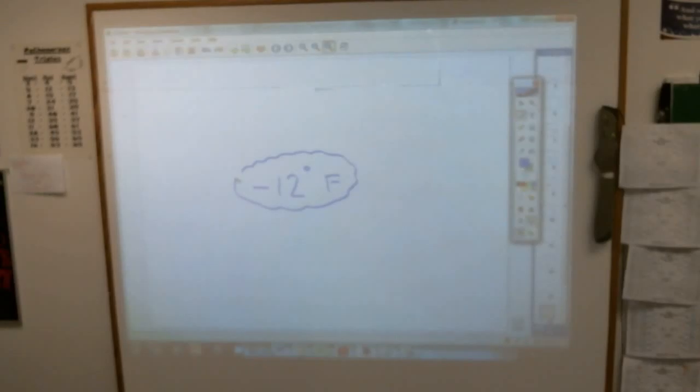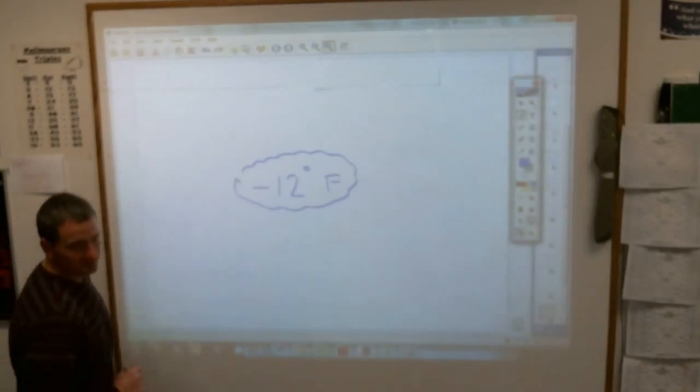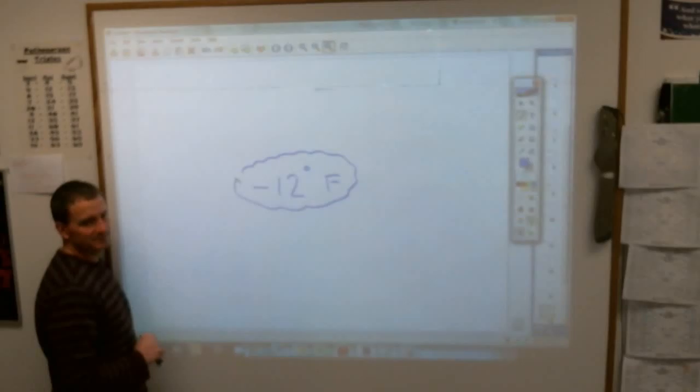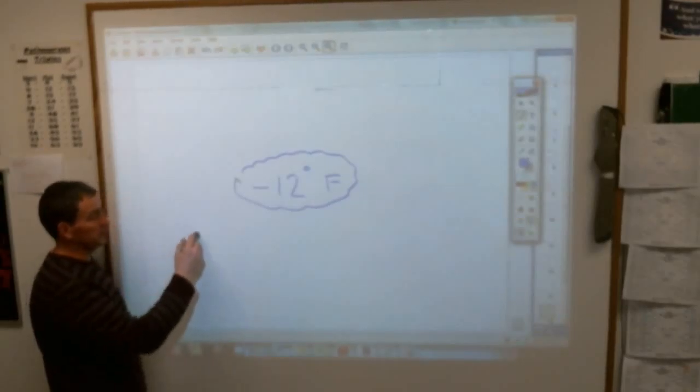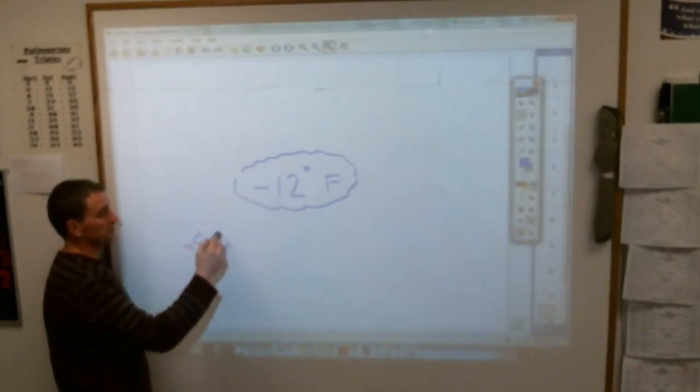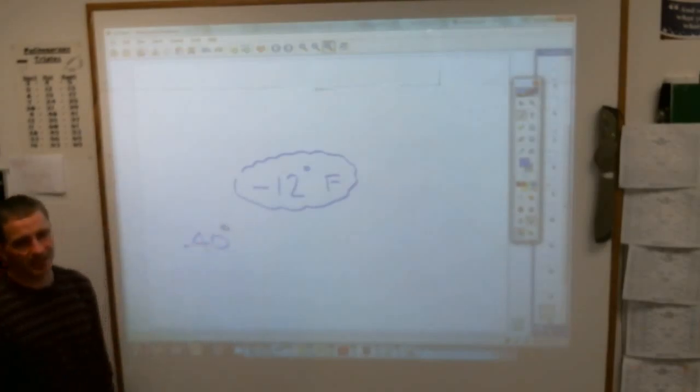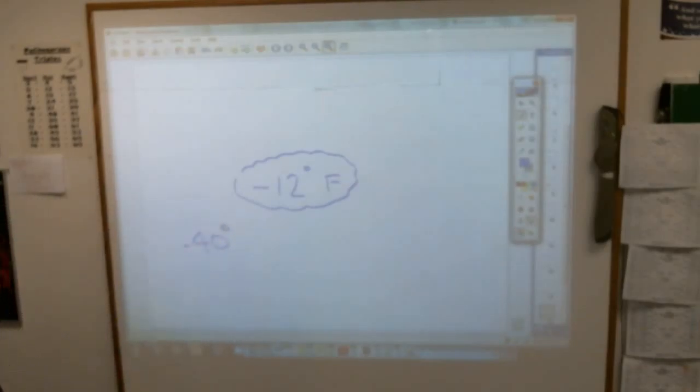Celsius and Fahrenheit are the same at one temperature, and then they keep getting farther and farther apart. Jack, we'll take a shot. Minus how many degrees? 42. You're close. It's actually 40 degrees below zero. At minus 40, Celsius and Fahrenheit are the exact same, and then they keep getting farther and farther apart as they go up.